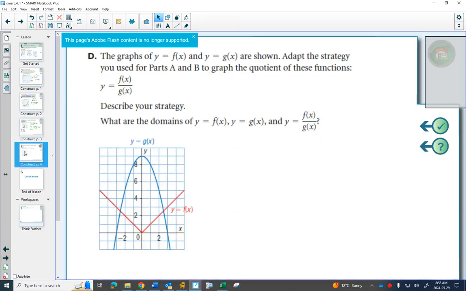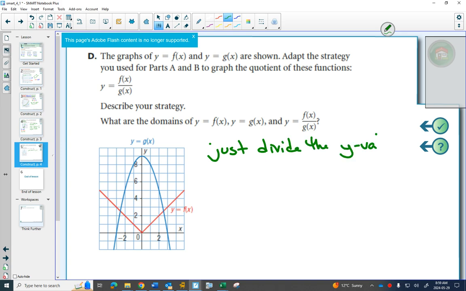Now the most complicated one is dividing. The rule stays the same. But let's think of certain strategies.